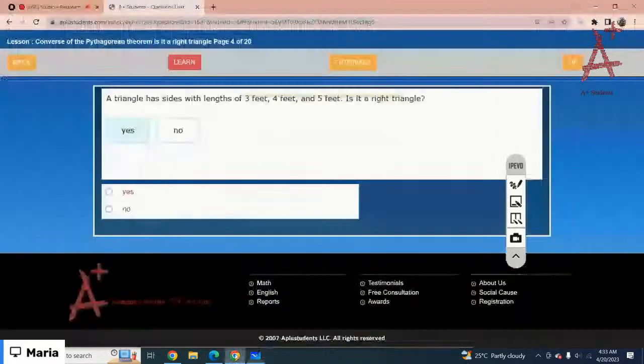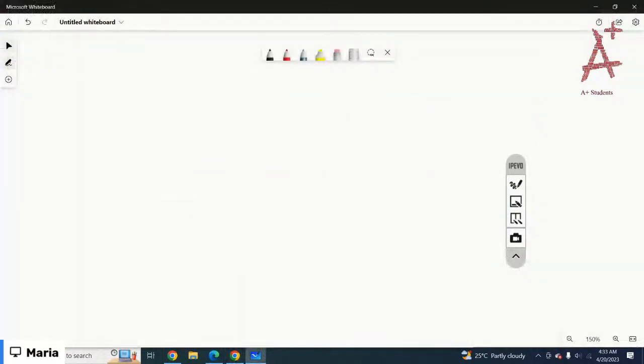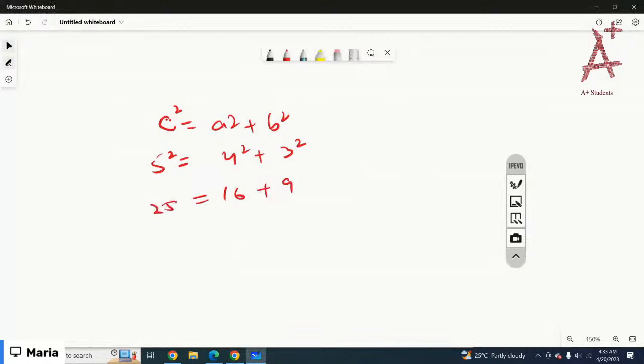Okay, the next one is a triangle with lengths of 3, 4 and 5. Got it? So C square equals A square plus B square. It would be 5 square equals 4 square plus 3 square, which is 16 plus 9. See, both sides are exactly equal.